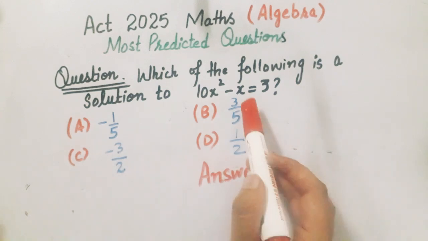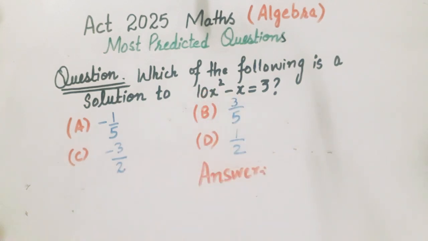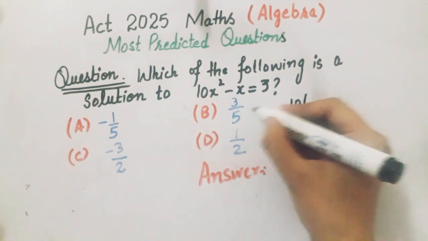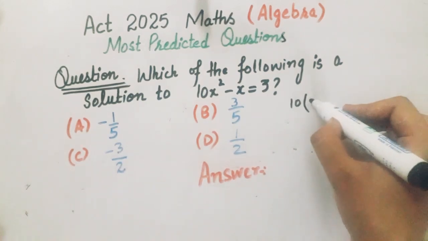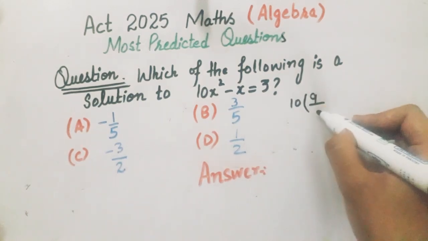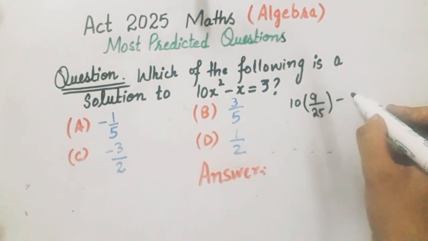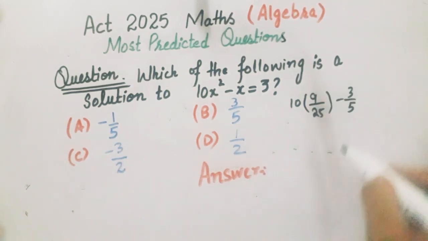So if you put 3 by 5 in this, you will get 10 into 3 by 5 square, that is 9 by 25, minus 3 by 5.